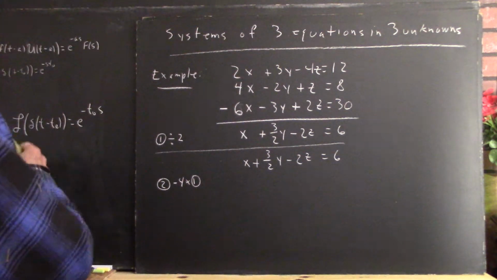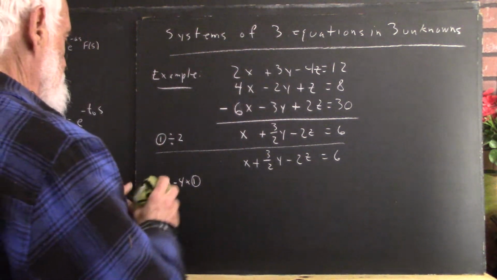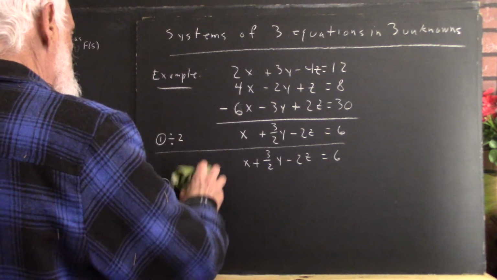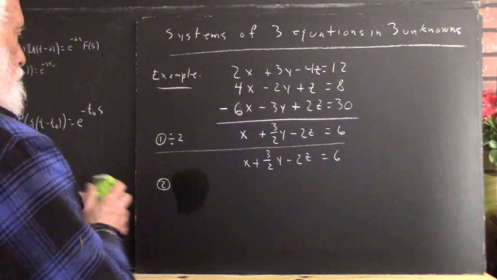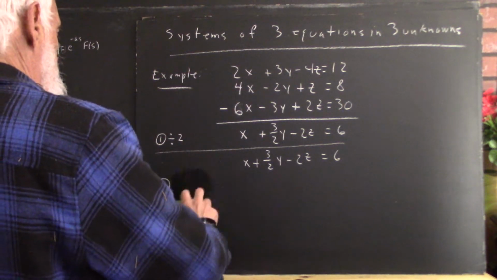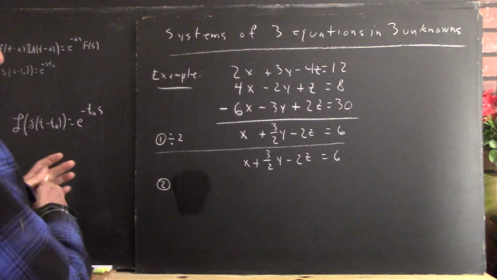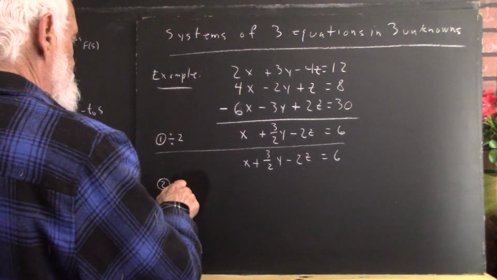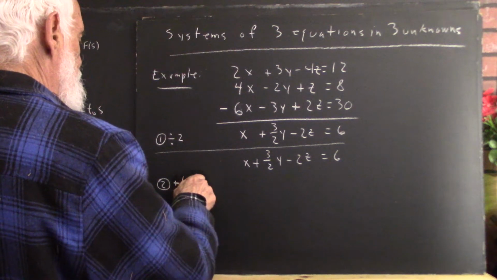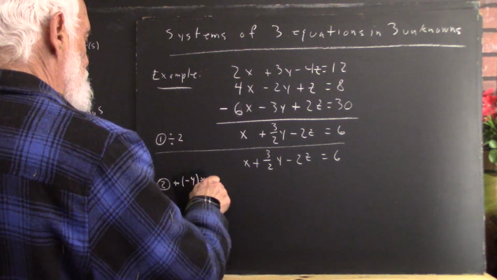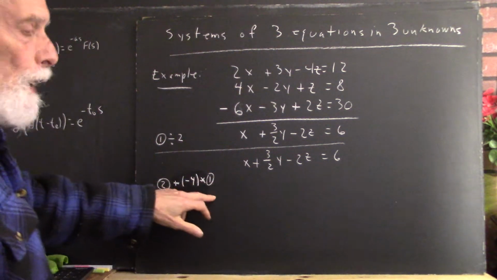And I want to write that just a little differently. It comes out the same, but I want to write this as plus negative 4 times equation 1.